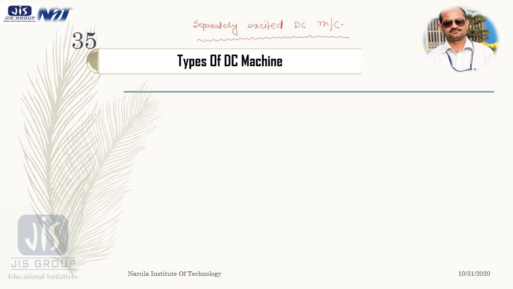So as the name suggests, I have mentioned the field winding is supplied from a separate DC source, and this DC source has fixed or variable voltage level. So it's drawn from a separate DC source with fixed or variable voltage level.